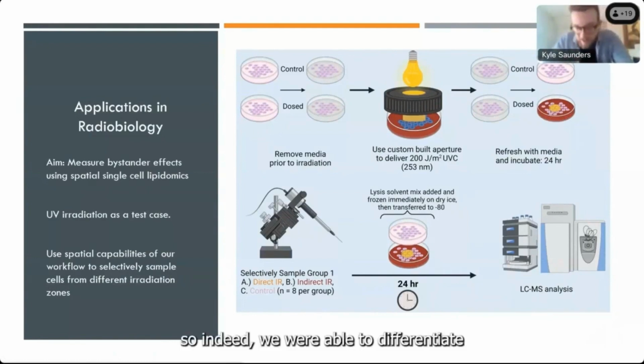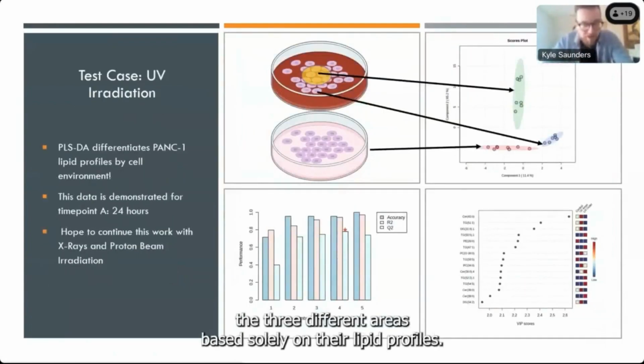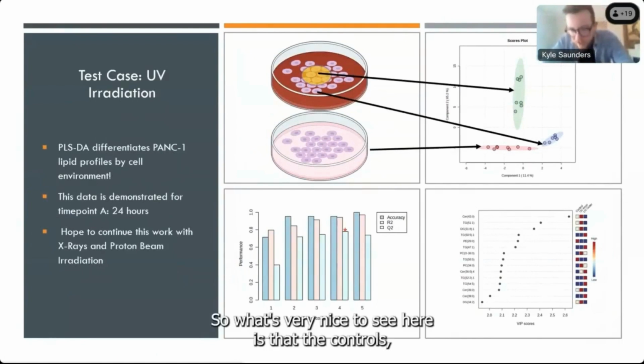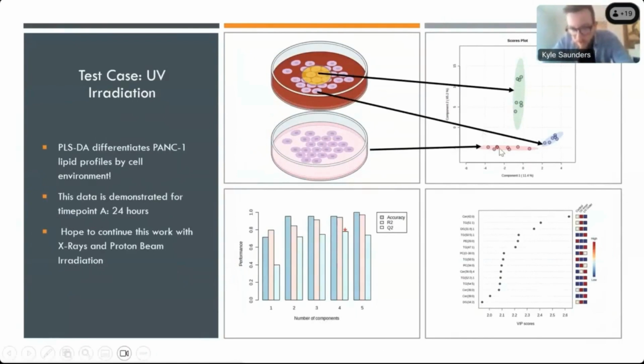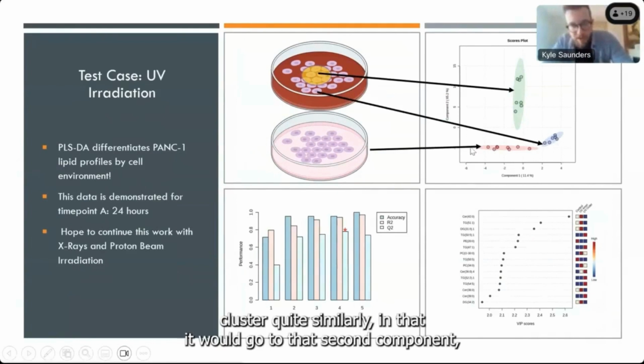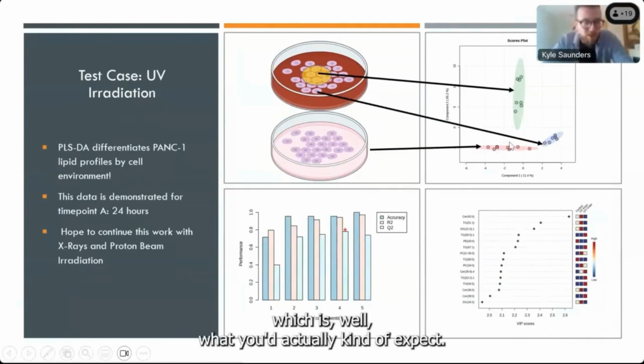So indeed, we were able to differentiate the three different areas based solely on their lipid profiles. What's very nice to see here is that the controls, which are in reddish pink, and the indirectly irradiated cells cluster quite similarly in regards to that second component, which is what you'd actually kind of expect.